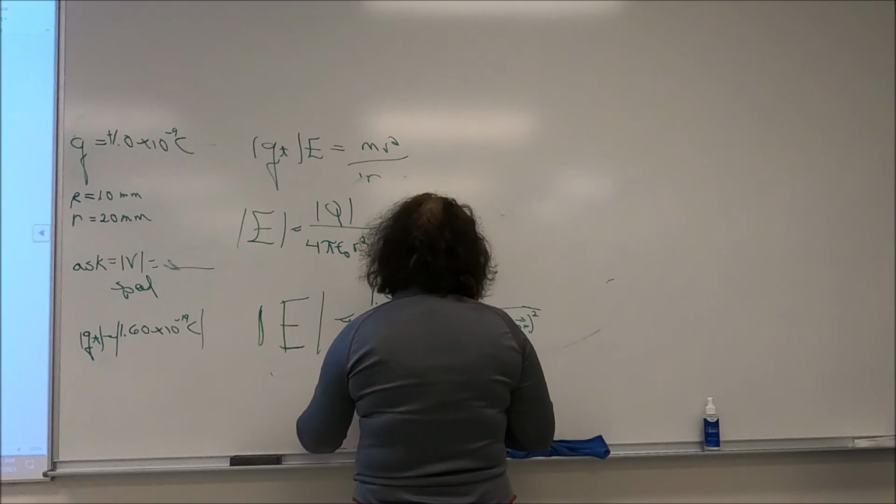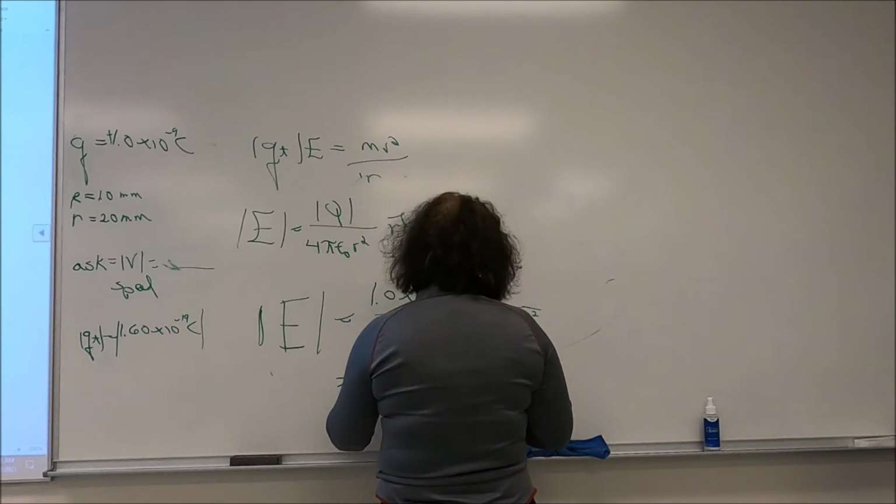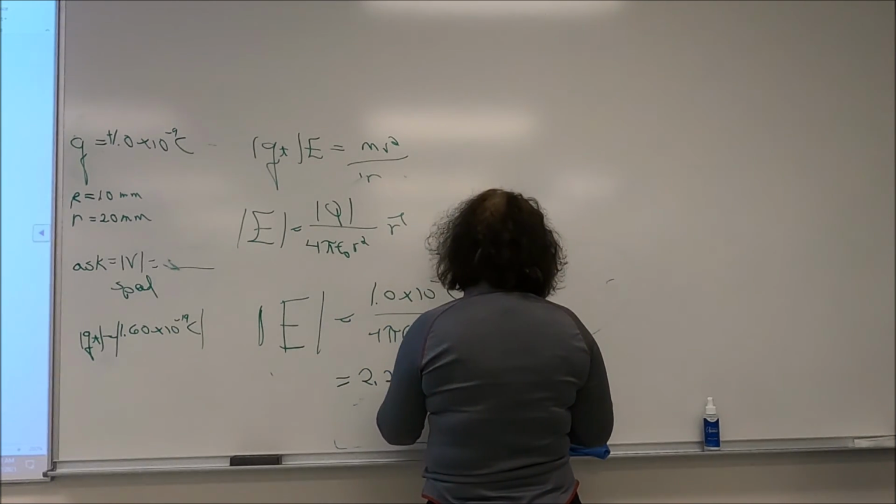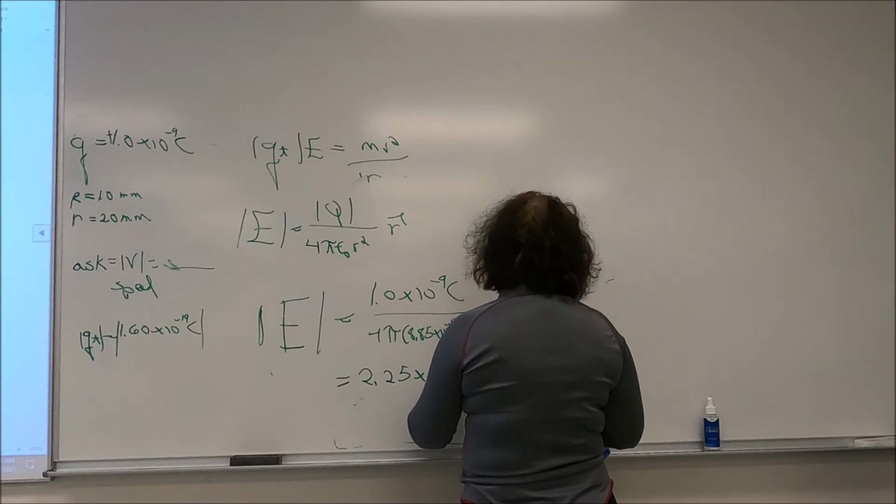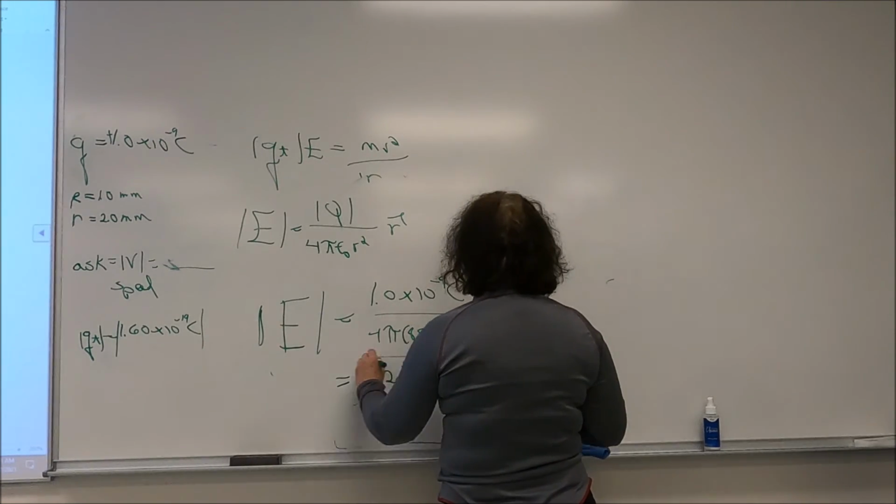So I get the strength of my electric field to be 2.25 times 10 to the 6 newtons per coulomb.